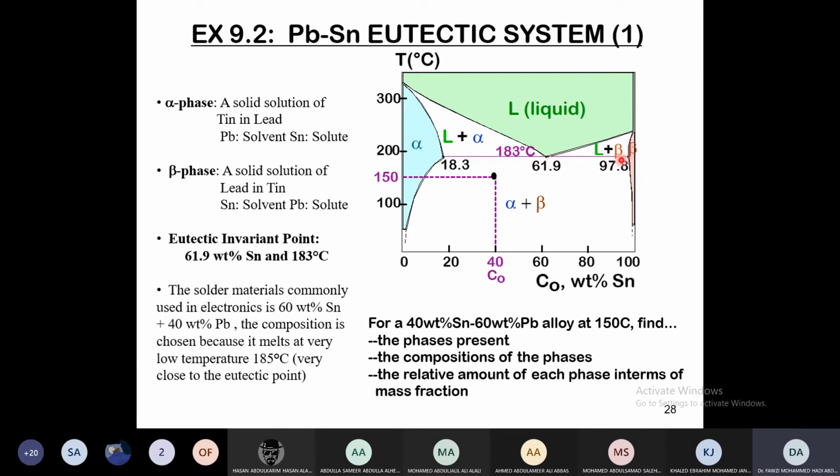It is a constant temperature. So it's called eutectic temperature because it occurs at 183. It's called eutectic isotherm because iso means one, therm means temperature. So isotherm means constant temperature.